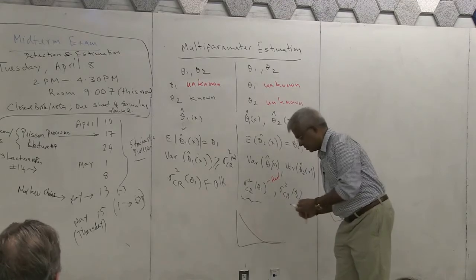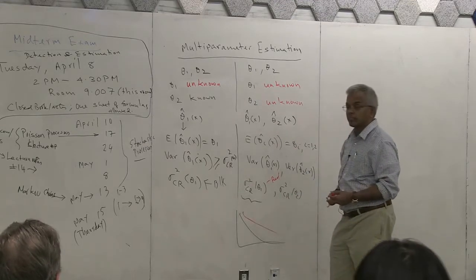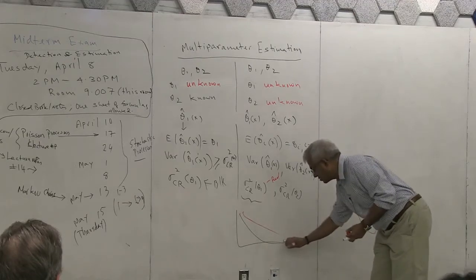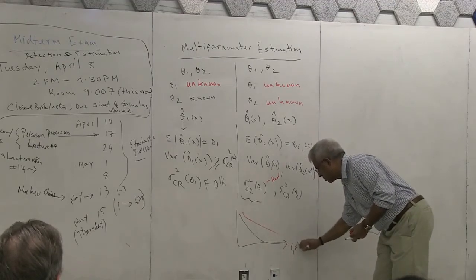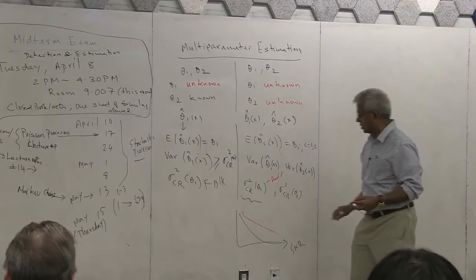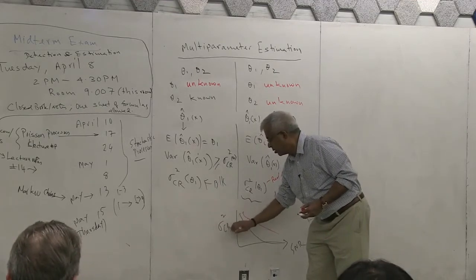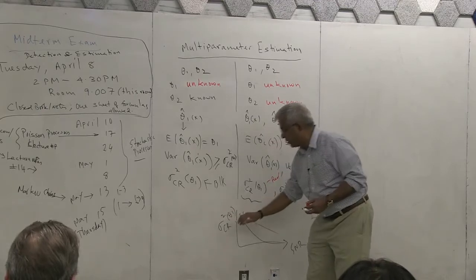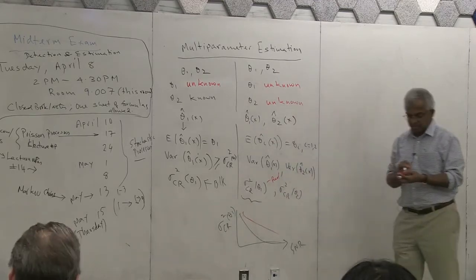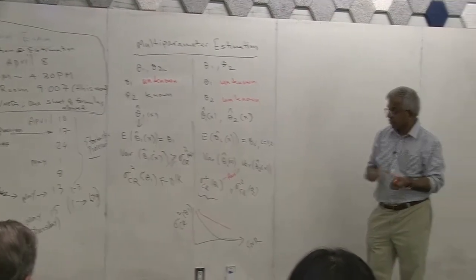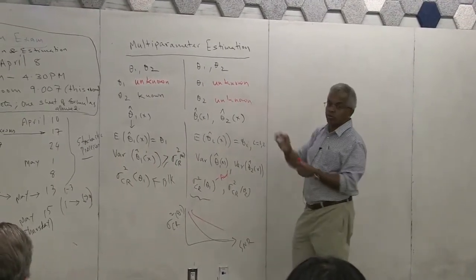Then it will be like this. The axis itself may be signal to noise ratio or something, right? So my point is both are sigma squared CR, both are for the same parameter, but the difference is you have more uncertainty.